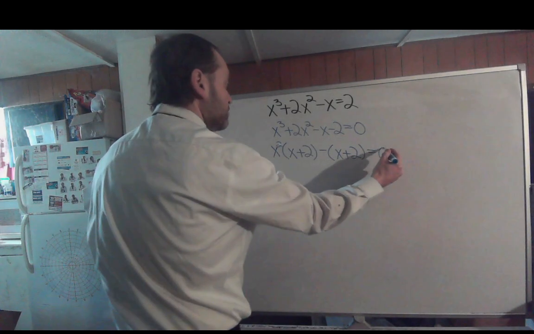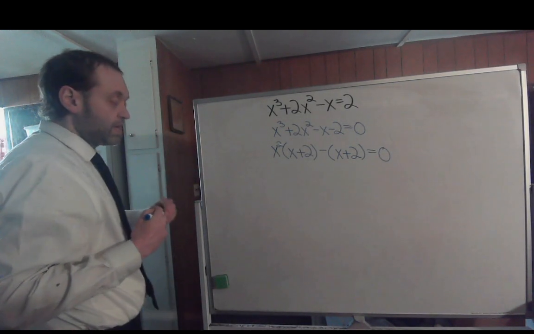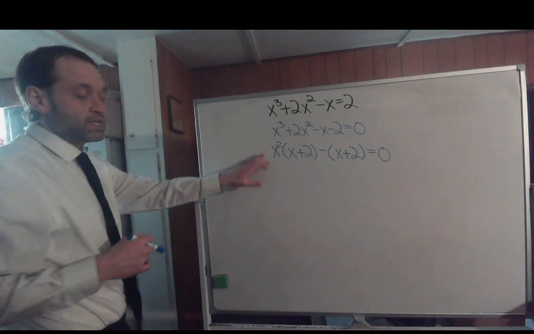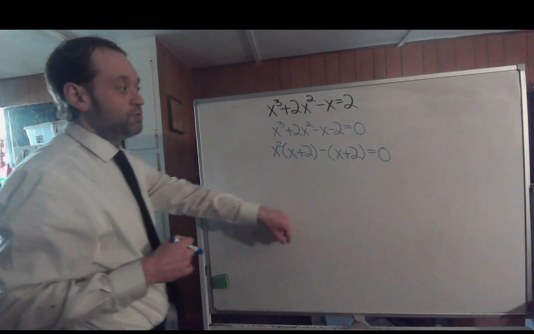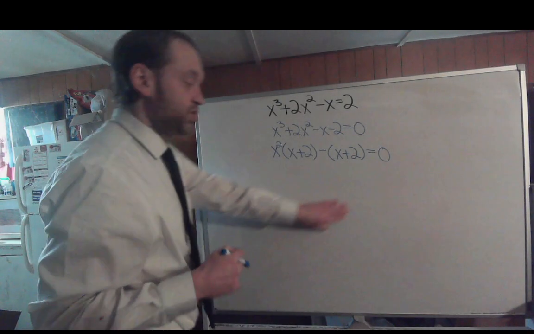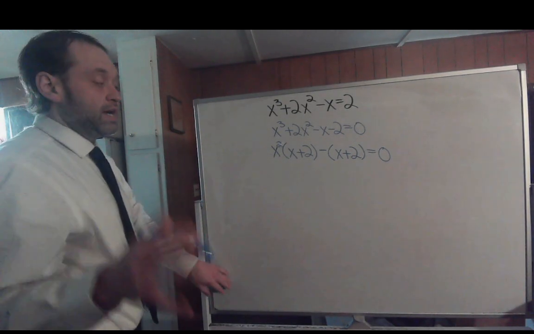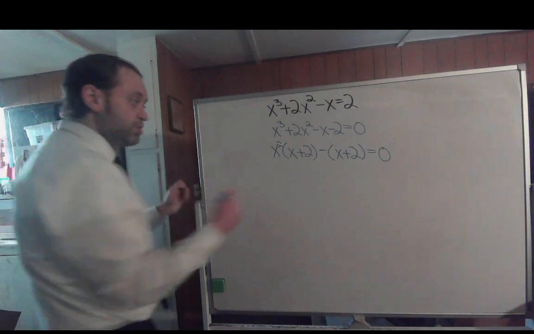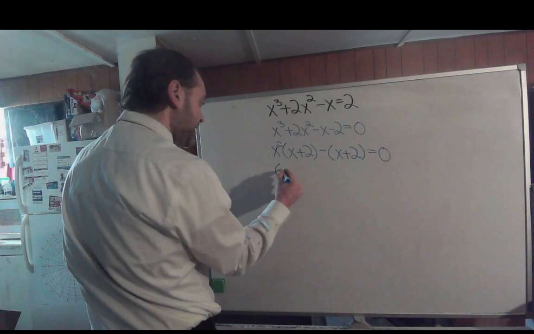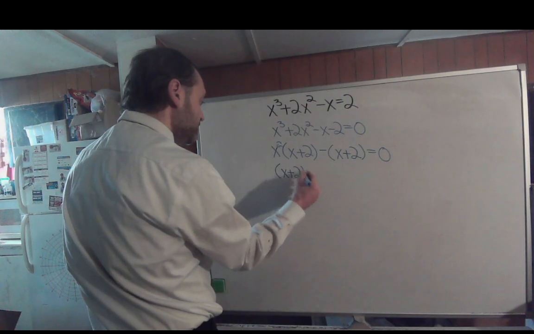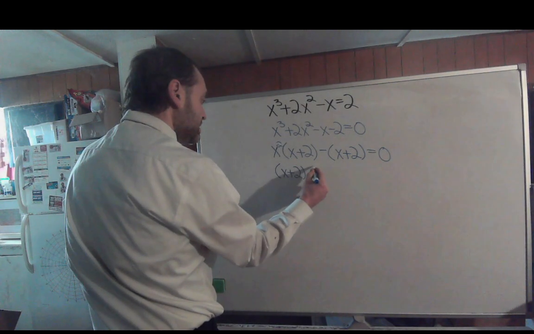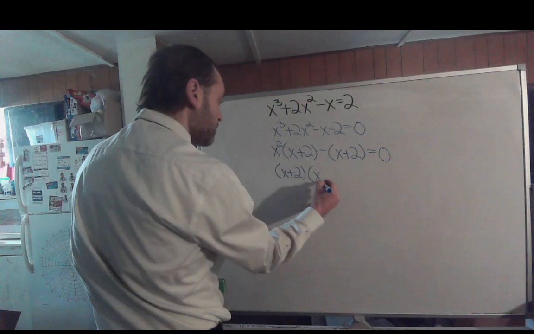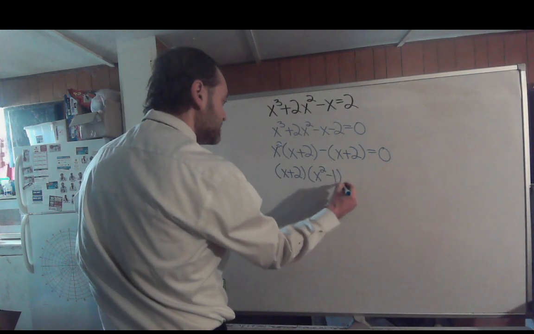All those equal to 0. So x squared times the quantity of x plus 2 minus the quantity of x plus 2 equals 0. Now, the x plus 2 is common to both terms, so we can factor that out. You'll get x plus 2 times the quantity of x squared minus 1 is equal to 0.